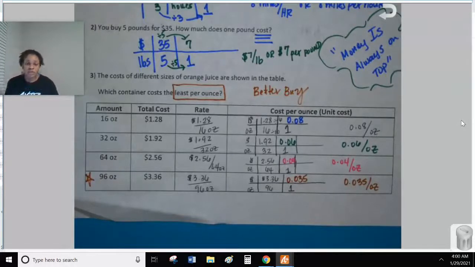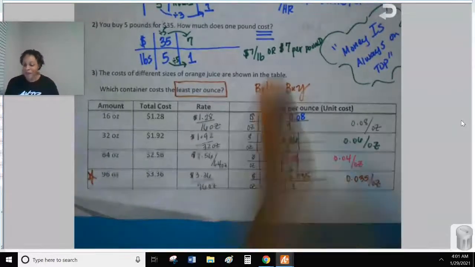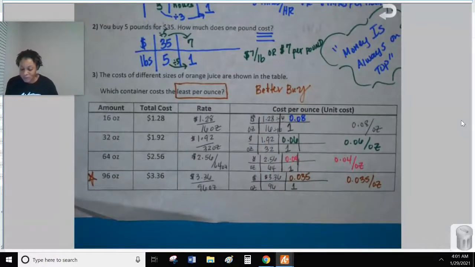But which one is the better buy? Which one is the least per ounce? If I wanted to pay the least per ounce, I would buy the 96 ounce container of juice because that's the cheapest amount, 35 thousandths per ounce, which is still the cheapest compared to all the rest. So that's our better buy.